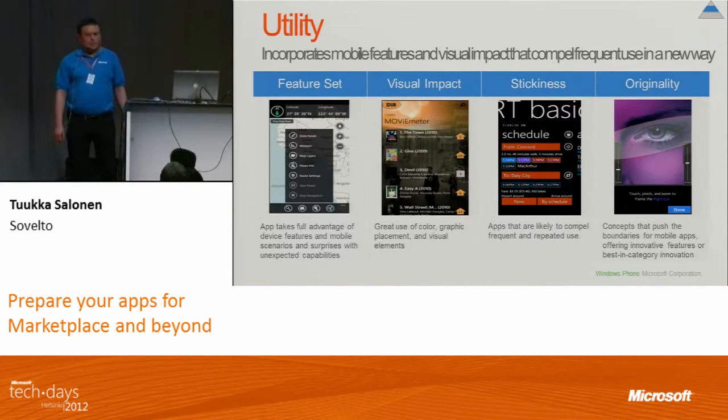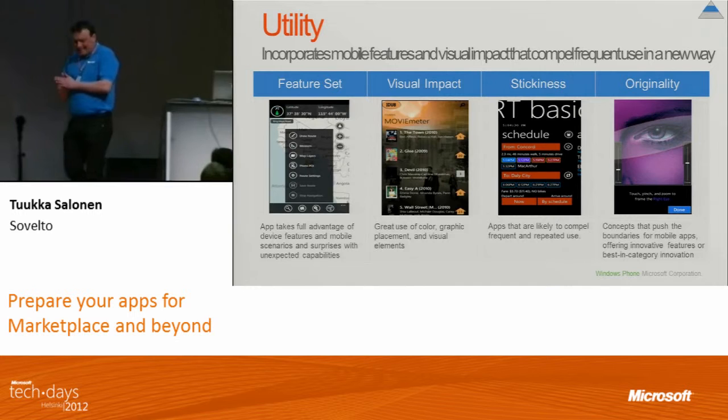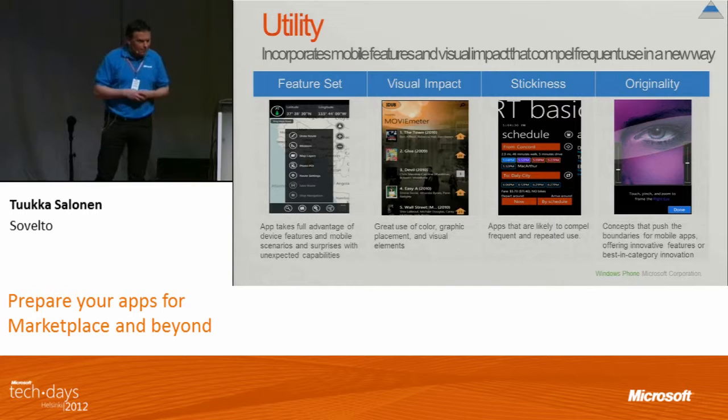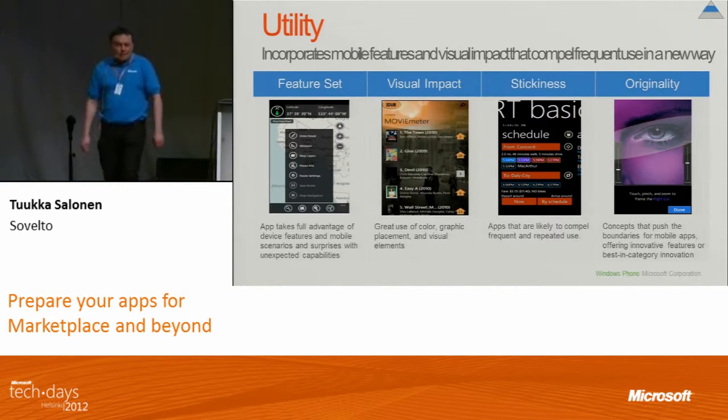Features, visual impact. Visual impact is a kind of hard thing, because in general, our design language is Metro, which means that you don't necessarily want to put all the chrome and shadows there. So trying to make it visually appealing, but still not too much chrome, is hard.